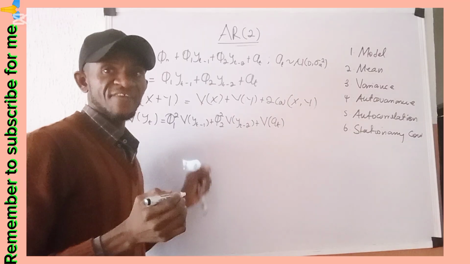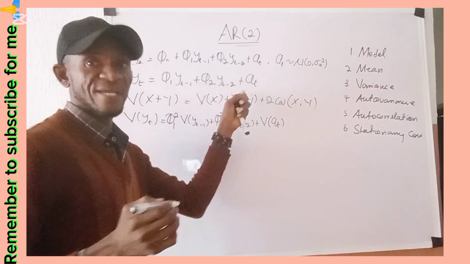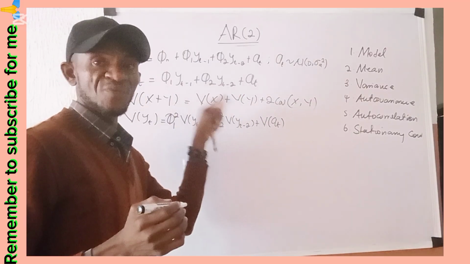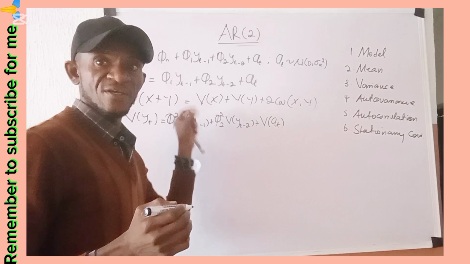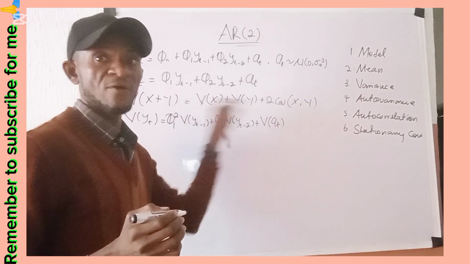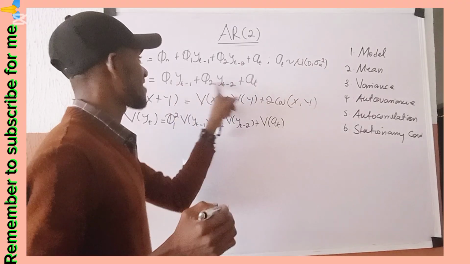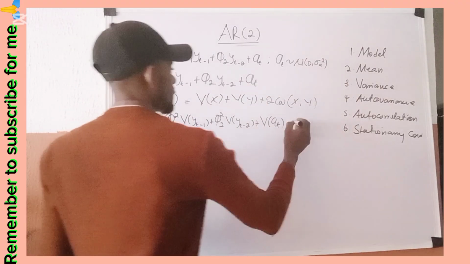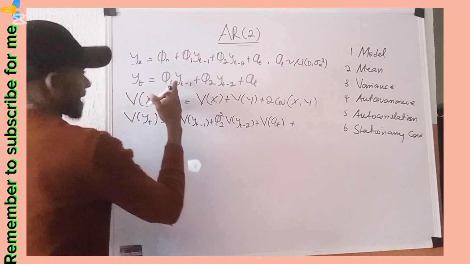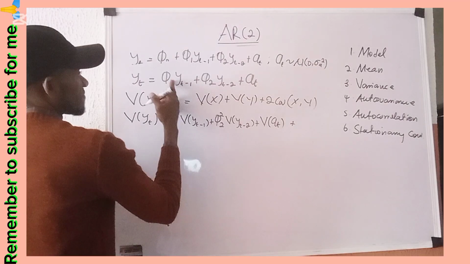I am done taking the variance of the individual terms. It is for me now to consider the covariance of the various pairs. That is this to this, this to this, and this to that. So I'm going to take the covariance of this and this.